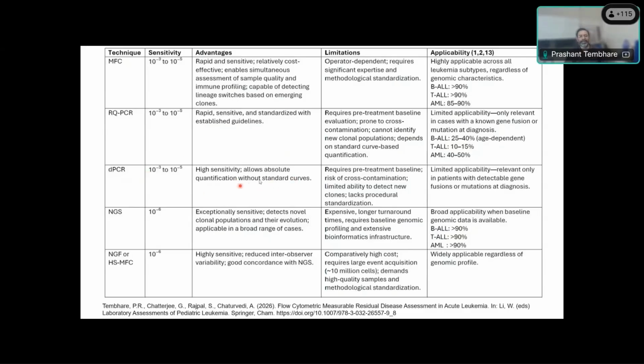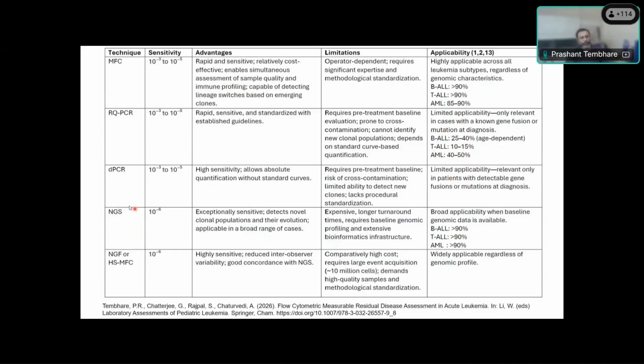You need less standardization, whereas qPCR needs extensive standardization. dPCR does not need that extensive standardization. But again, you need pre-treatment samples where you know the genetic abnormality, and there is a risk of cross-contamination during droplet formation. Again, it's still limited to the number of samples where you know the genetic abnormality.